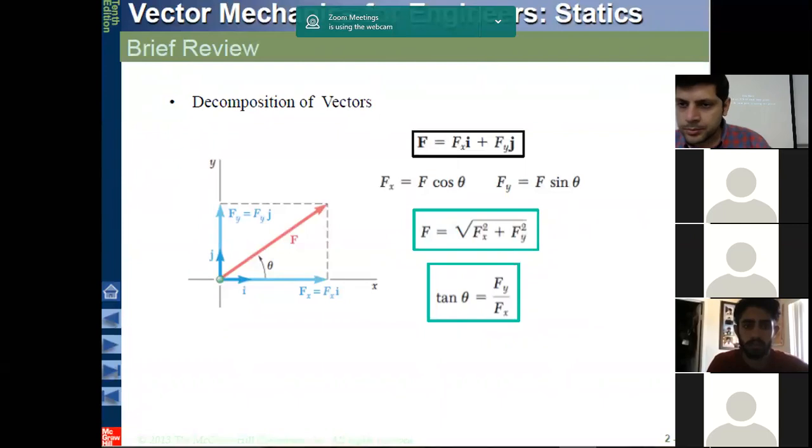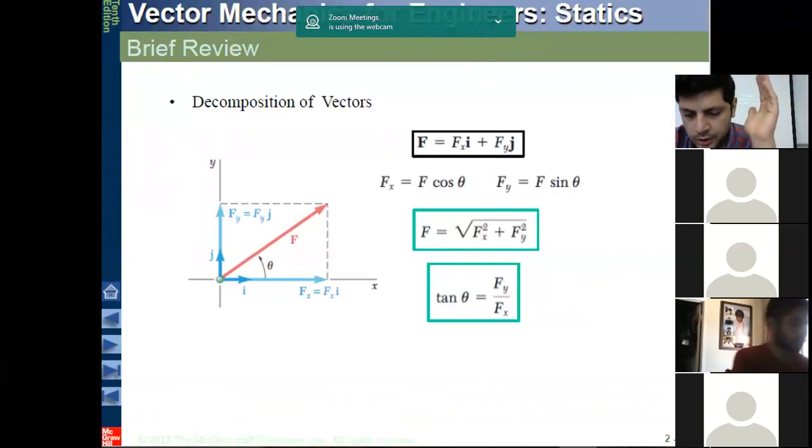Okay, so you have back to the slide. You have two components, fx and fy, and the important thing here is how you derive these two components. First you have to draw your frame of reference.